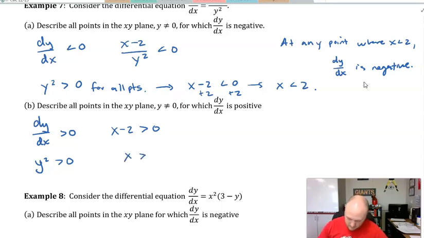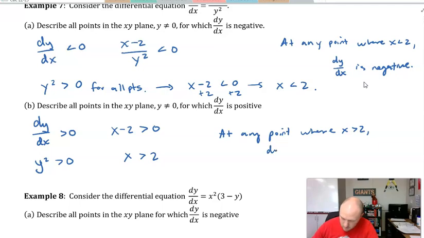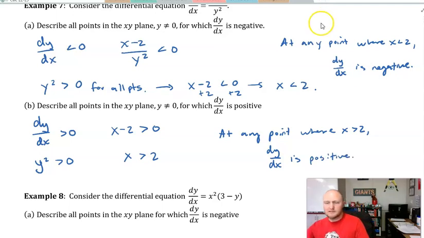Okay, so this just gives us x must be greater than 2. So at any point where x is greater than 2, dy/dx is positive. That's it. That is it.